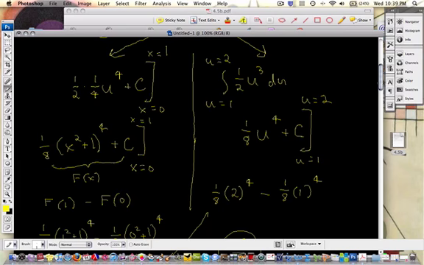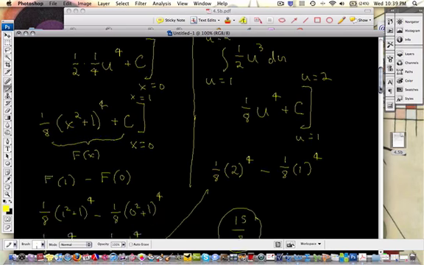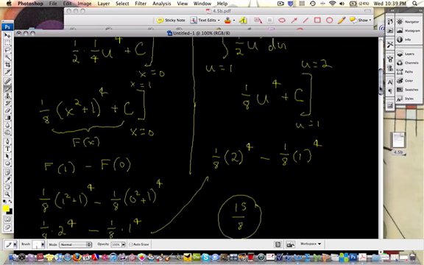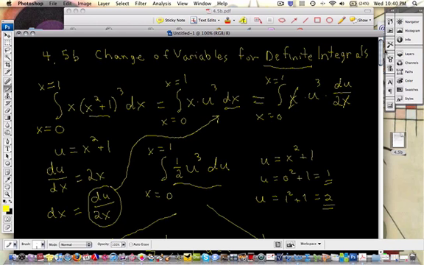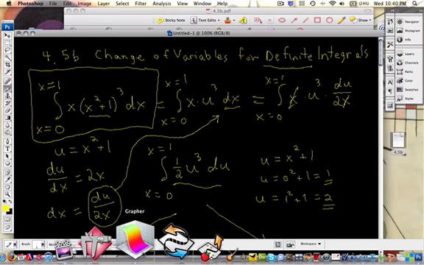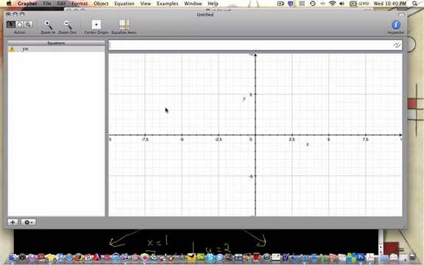Okay. Let's look at this graphically. Because what is 15/8? We always want to remember what these represent. What does this definite integral represent? I'm going to look at its graph, and I've got this nifty graphing program here. I'm going to look at its graph by typing in x times x squared plus 1, plus 1 cubed.